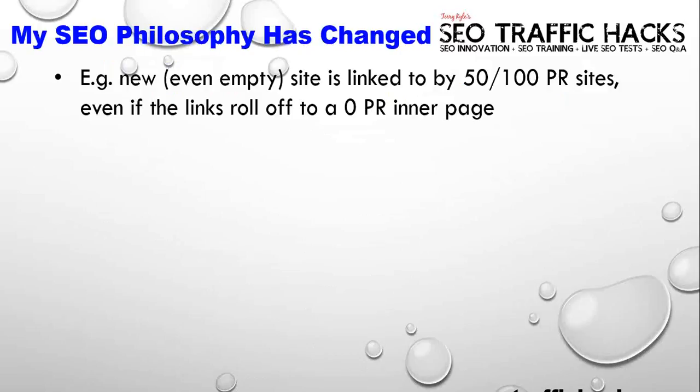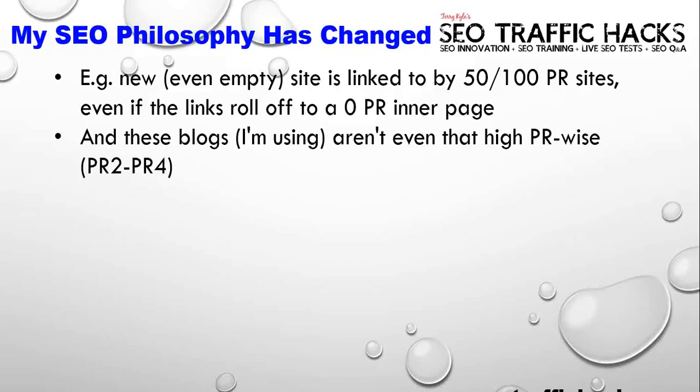So, for example, as we know in SEO Traffic Hacks, we can have a brand new empty site linked to by 50 or 100 PR blog sites, and even if the links roll off to a PR0 in a page, even allowing for that random ranking factor, some or quite a few, or often sometimes all of the 5-pack or 10-pack sites that are tried, maybe almost all of them will actually rank through those particular types of links.